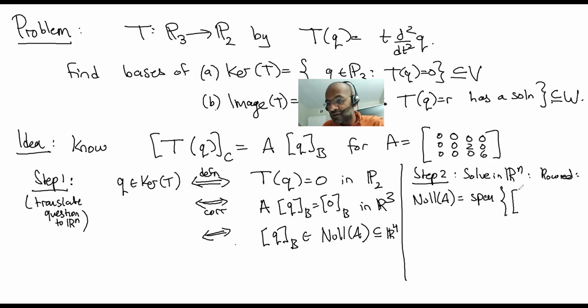I did it earlier: 1, 0, 0, 0, and 0, 1, 0, 0. So I'm not done yet because remember I want the kernel of T, not the null space of A. So step 2 is to solve. Step 3 is translate back.